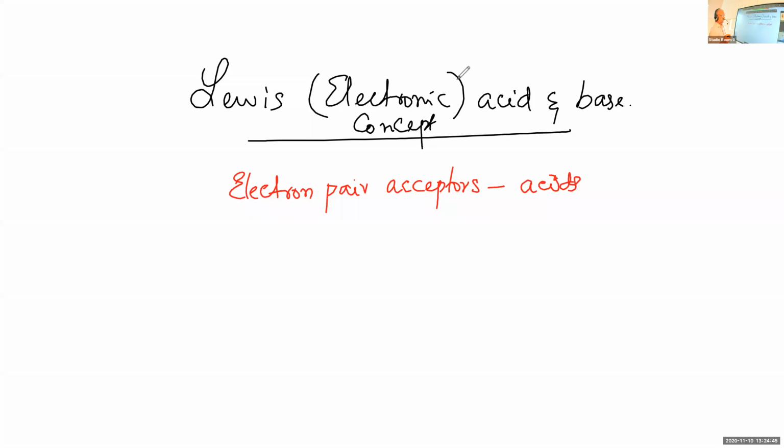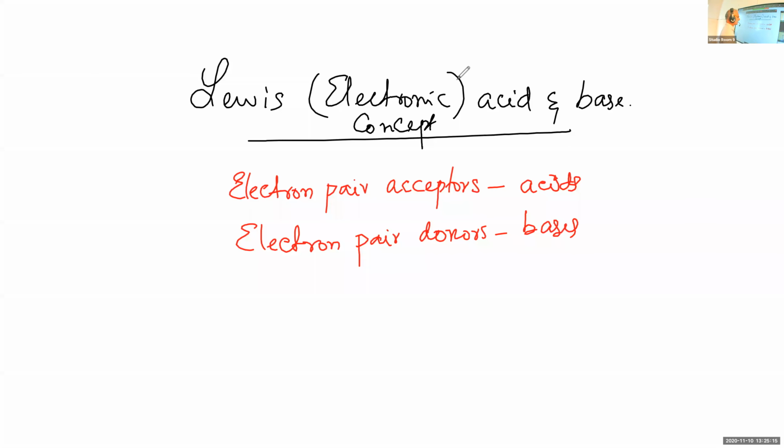There are certain ions or molecules which can give electron pairs. They are electron rich. They can donate electron pairs during reactions. And such electron pair donors are bases.